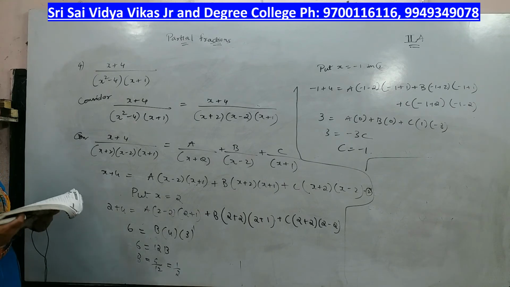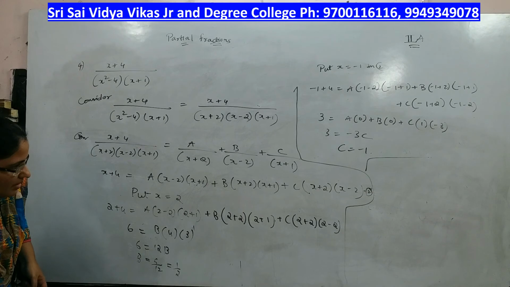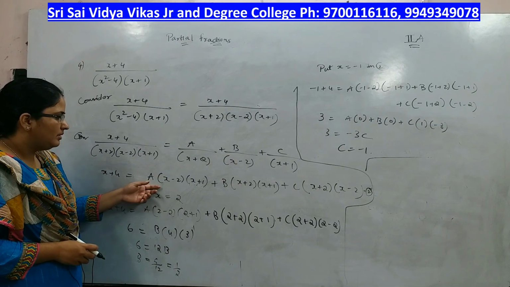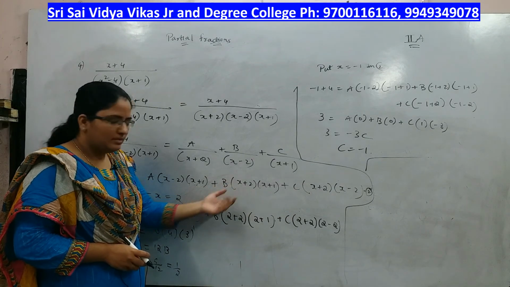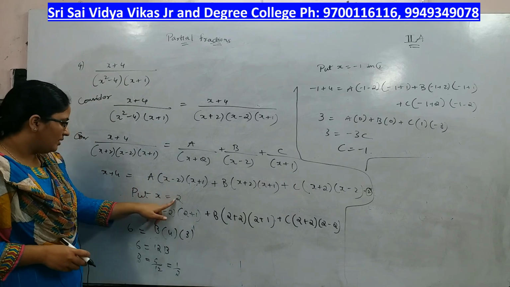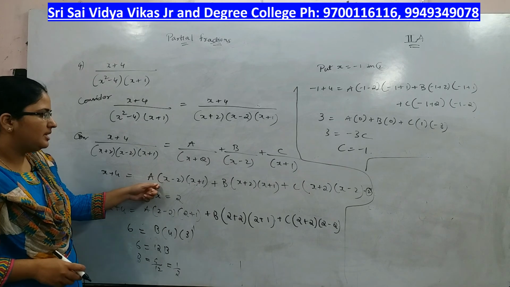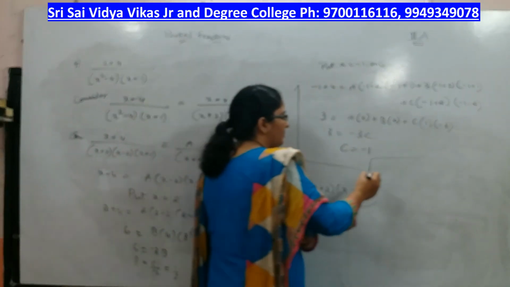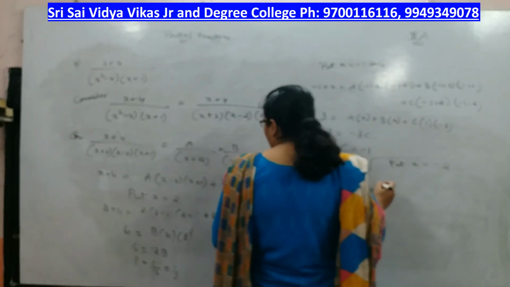In order to get a value, we will put x is equal to minus 2. We put x is equal to 2, you got b value. Now, put x is equal to minus 2. So, what do you get?